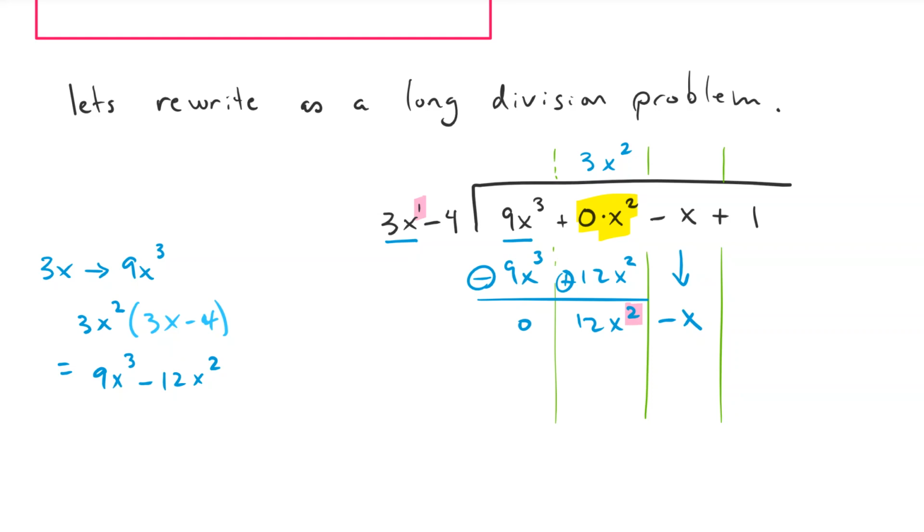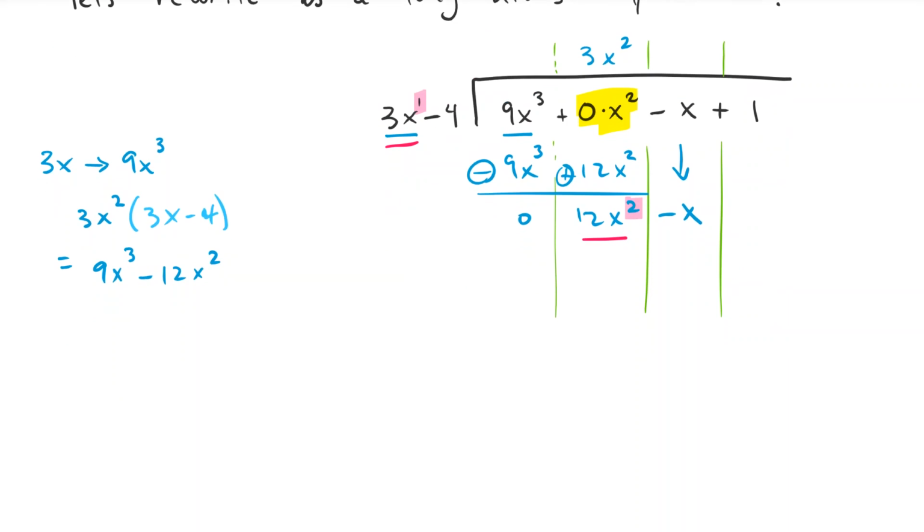Now we want to have 3x become 12x squared. So to have 3x become 12x squared, we need to multiply by 4x.